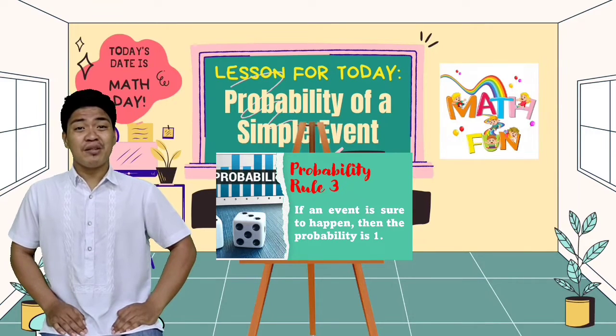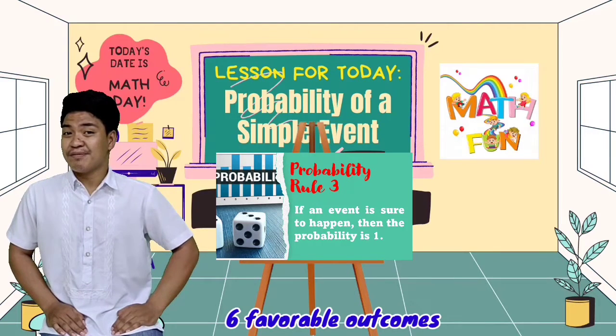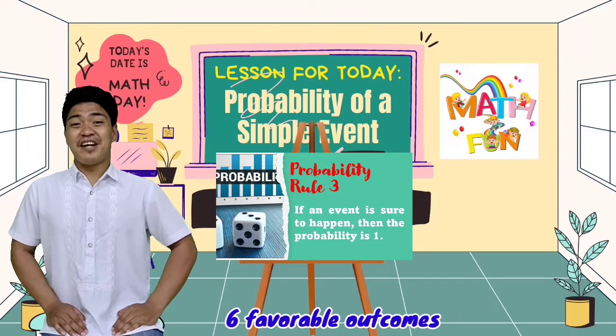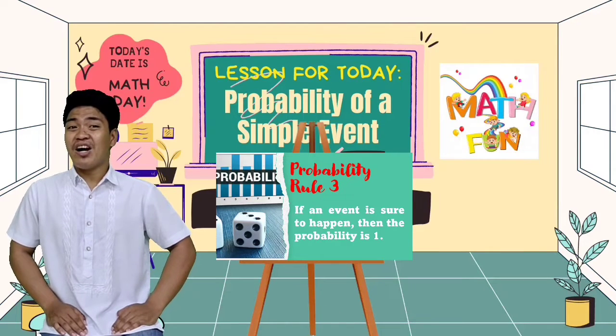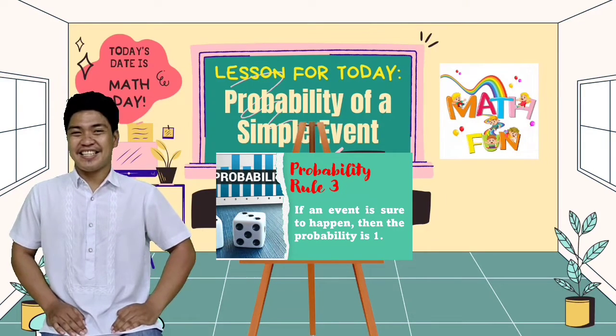What are the favorable outcomes? 1, 2, 3, 4, 5, and 6 also. The numbers less than 7 are 1, 2, 3, 4, 5, and 6.